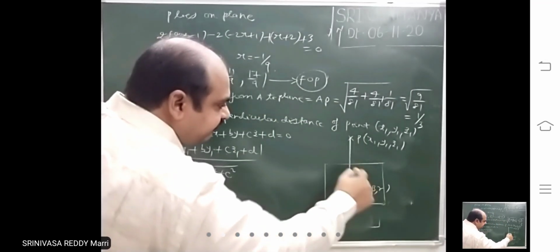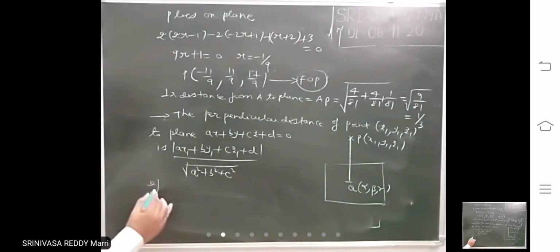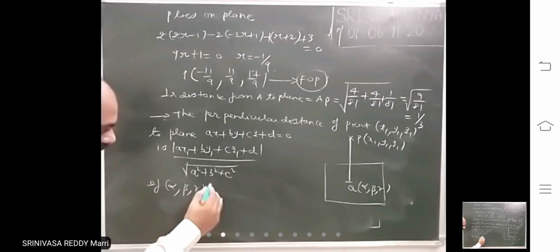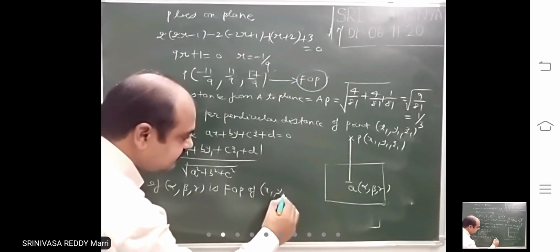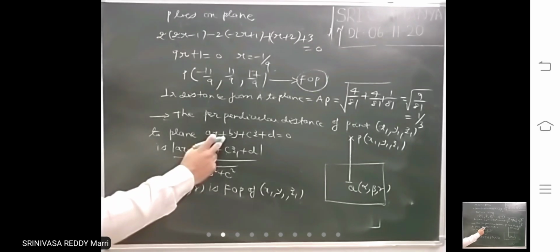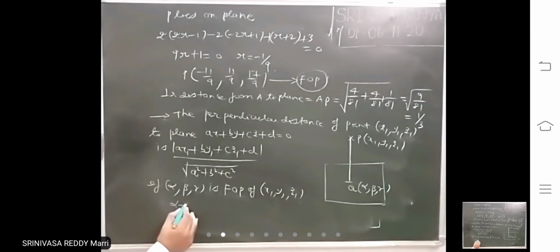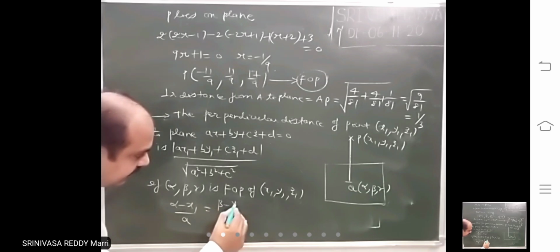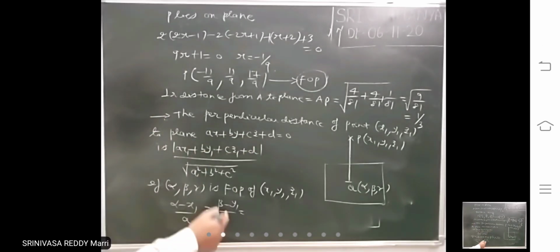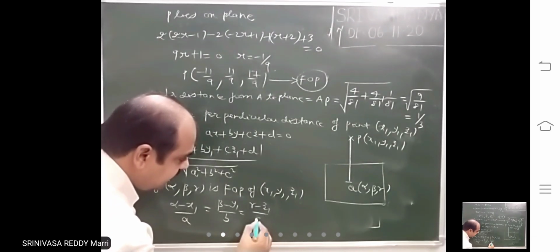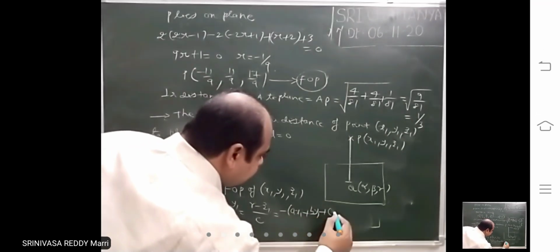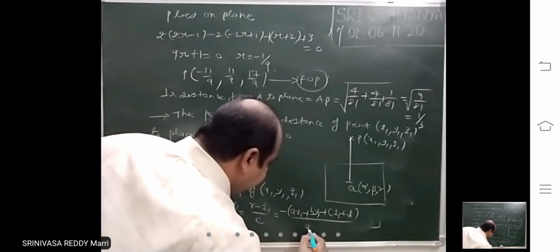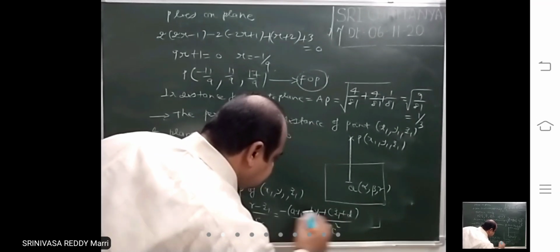If this point is known, the formula is: if (alpha, beta, gamma) is the foot of perpendicular of (x1, y1, z1) with respect to this plane, then, similar to straight lines, alpha minus x1 by a equals beta minus y1 by b equals gamma minus z1 divided by c equals minus of (ax1 plus by1 plus cz1 plus d) divided by (a square plus b square plus c square).